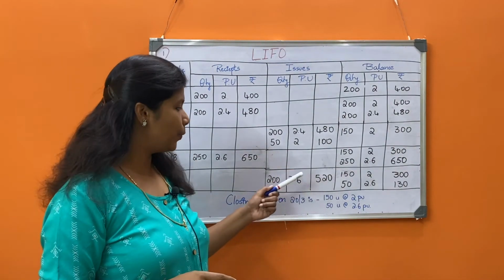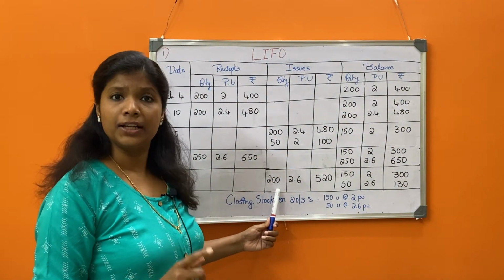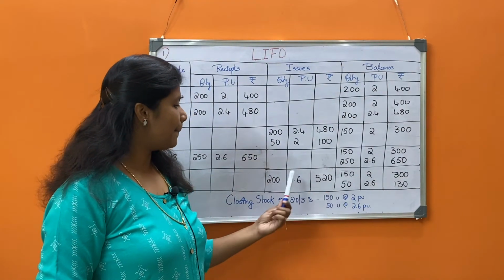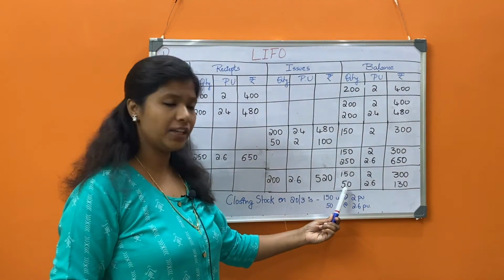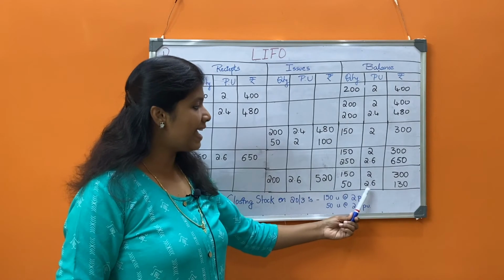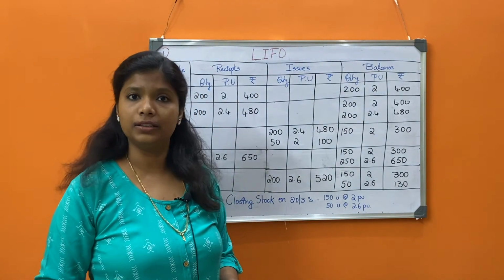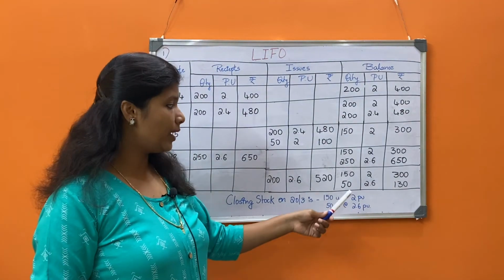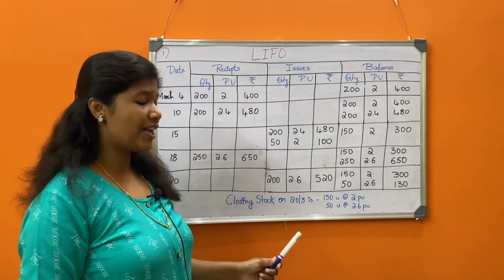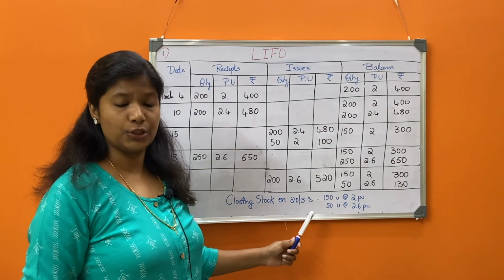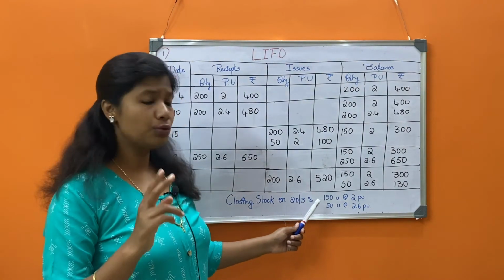The next balance is 250 units, out of which we have issued 200 units. So 250 minus 200, 50 units. So 50 at the rate 2.6 will get the answer 130 rupees. Clear? So here we are getting the closing stock as on 20th of March as two different stocks.